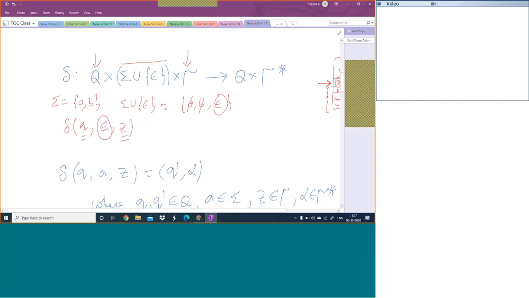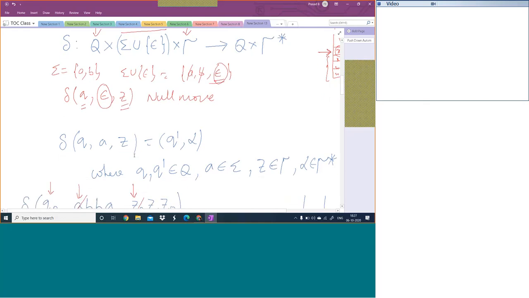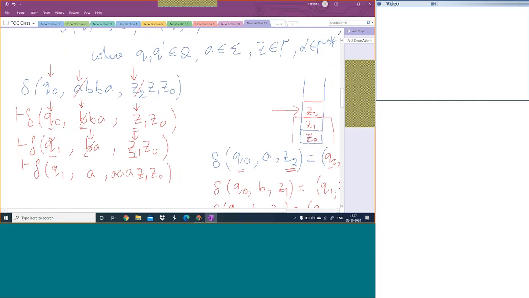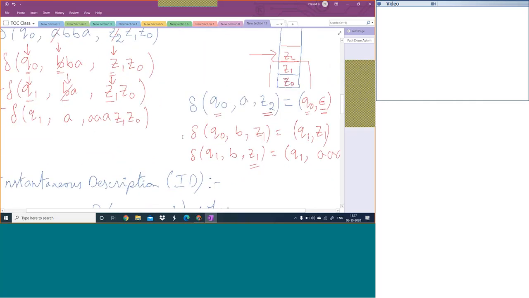The input symbols are A and B. It can take A or B or epsilon, which means the PDA can make a transition without taking the input symbols. Such moves are called null moves. Do you understand? I will tell you the meaning of this, how exactly it works. Just listen.